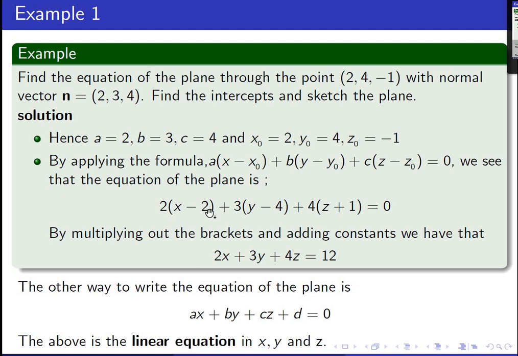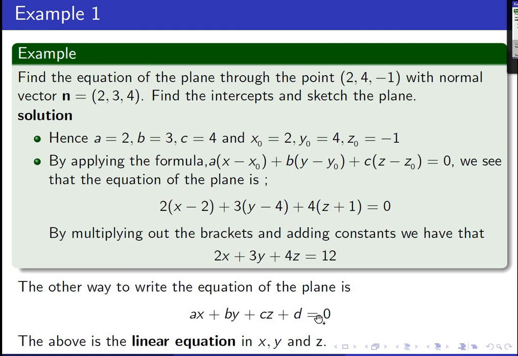We have 2(x minus 2) plus 3(y minus 4) plus 4(z plus 1) is equal to 0. We multiply out the brackets and add common factors, and we arrive at this equation. So the equation of the plane is 2x plus 3y plus 4z is equal to 2.